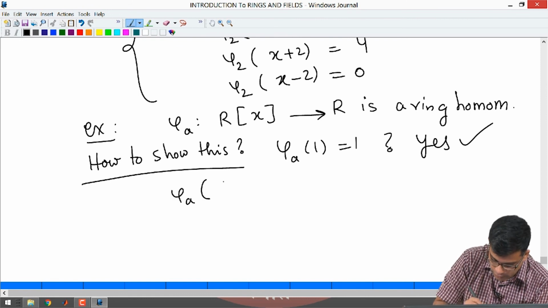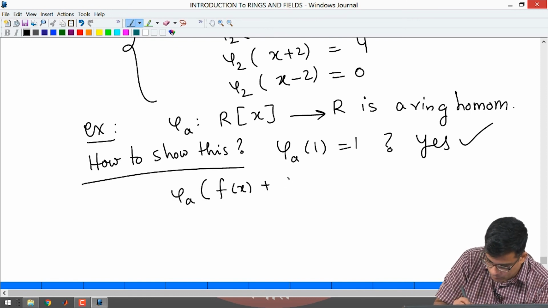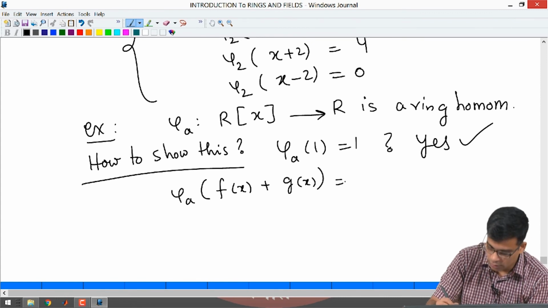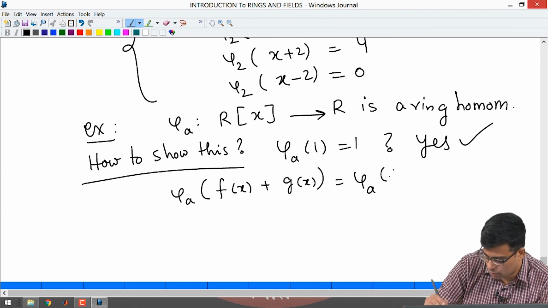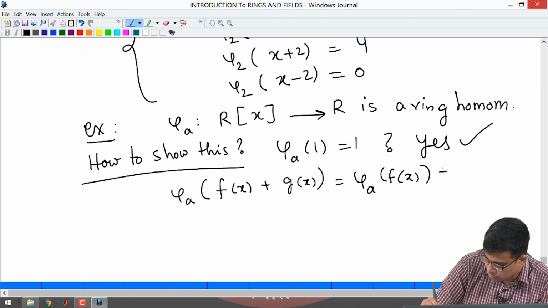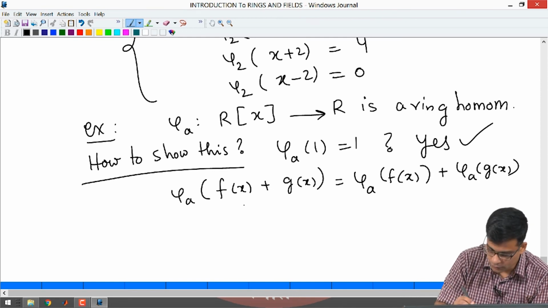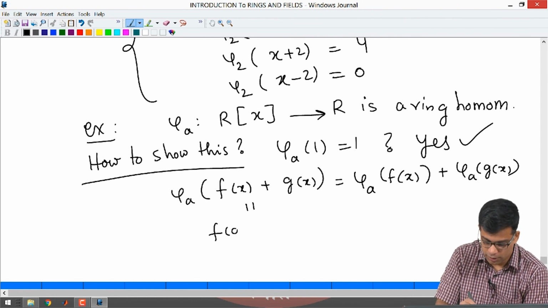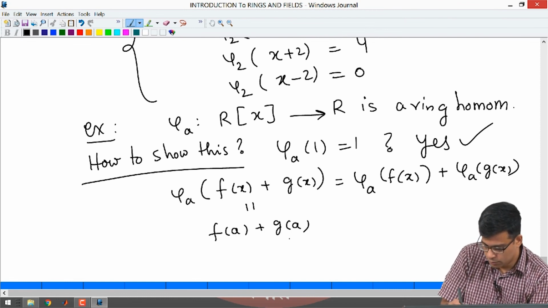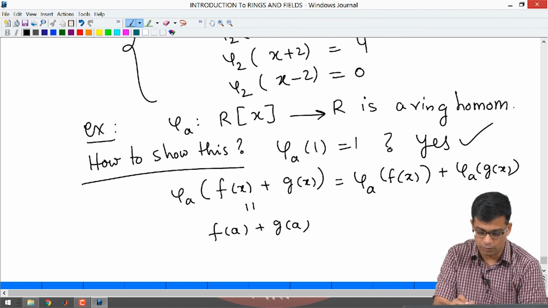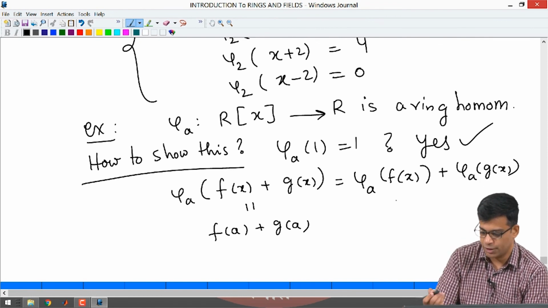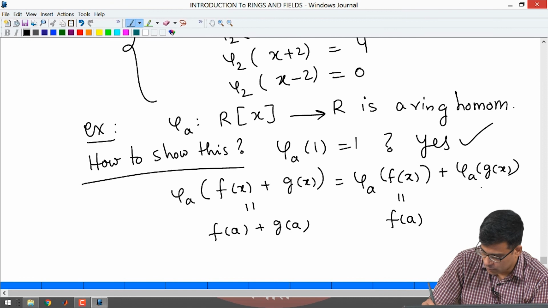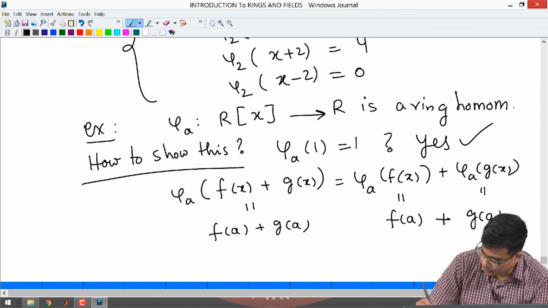What about phi a of f(x) plus g(x)? I claim that this is the same as phi a of f(x) plus phi a of g(x). See, this is by definition f(a) plus g(a), because you are taking the polynomial given by the sum of these two, substituting by a, this is f(a), this is g(a).